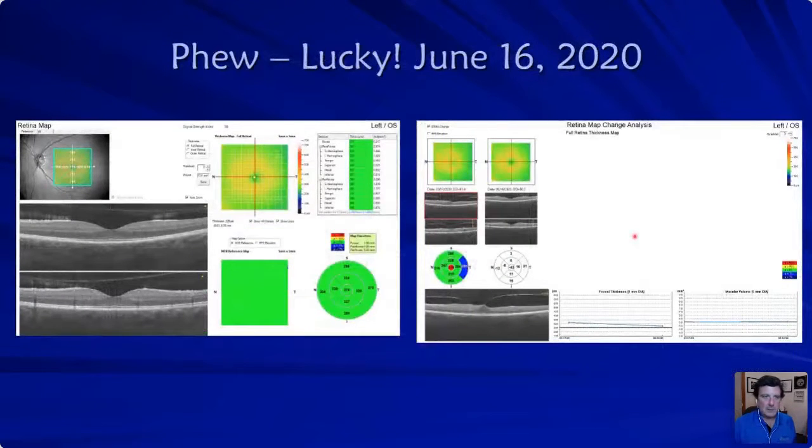And she lucked out. Look what she did. She released. And here she is before. Look, here's the before. I'm not doing any sleight of hand and showing you someone else's OCT. Here she is before. You could see it up here. And then this is afterwards. And look how that foveal pit just returned. And just luckily, and how about a 30-year-old?